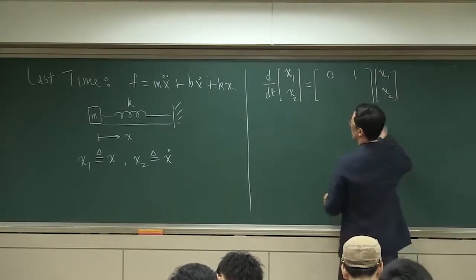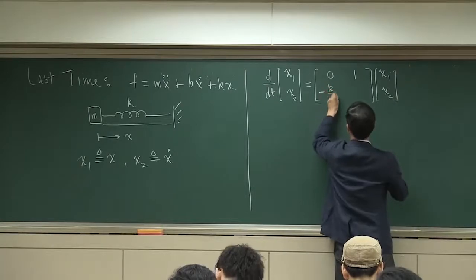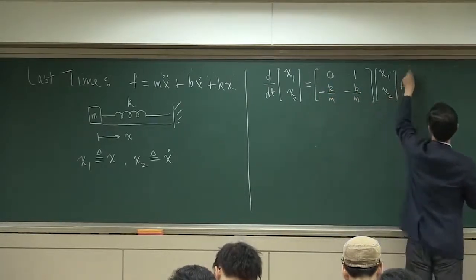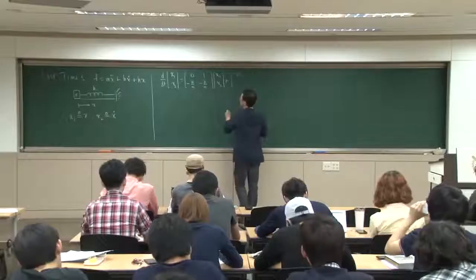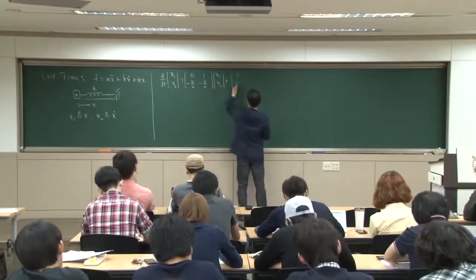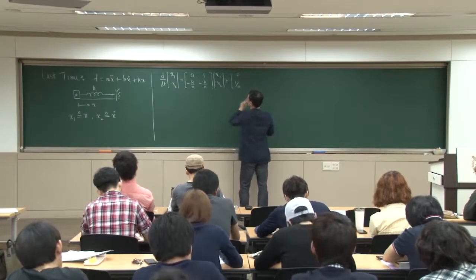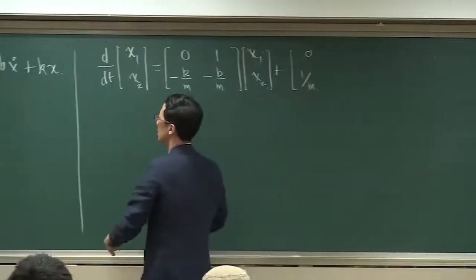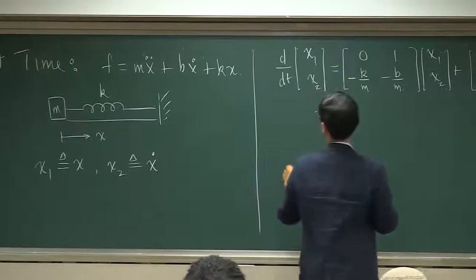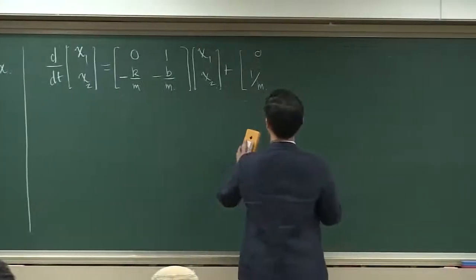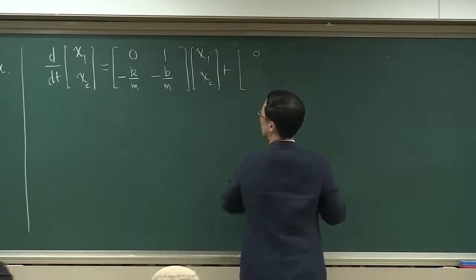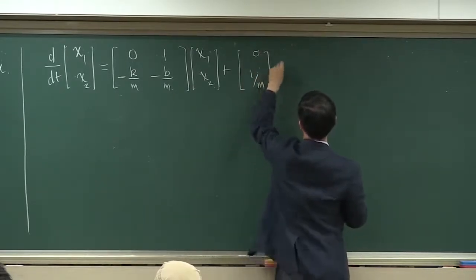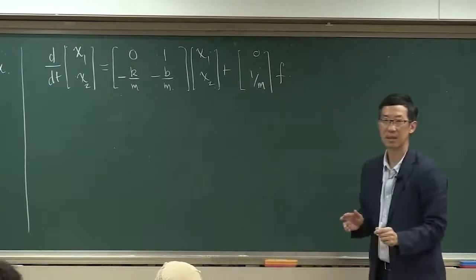minus k over m, minus b over m] times x1, x2, plus [0; 1 over m] f. Yes, that's correct, 1 over m times f.